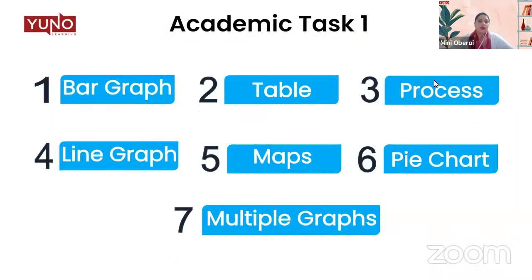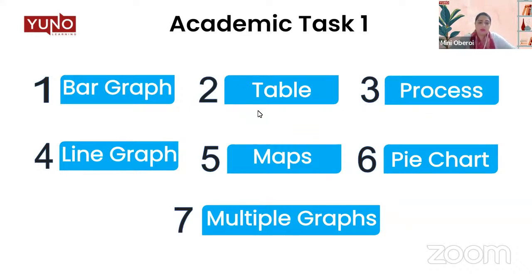So as I mentioned earlier, we are going to work on writing task 1. So what happens in case of writing task 1? You are given a visual input. Now this visual input can be a bar graph, a line graph, table, a diagram which depicts a process, or it can be a map which talks about the changes in a particular place with the passage of time, or a pie chart, or even multiple graphs are what we expect.